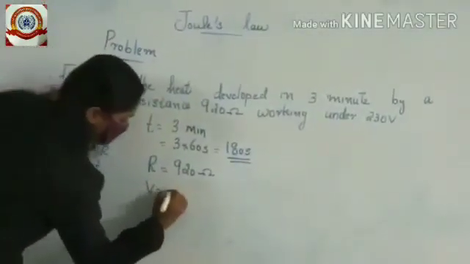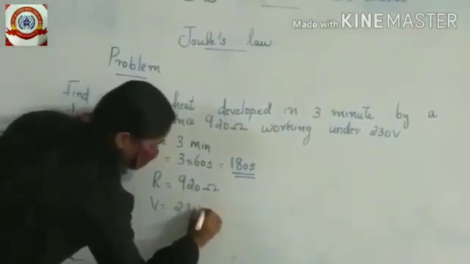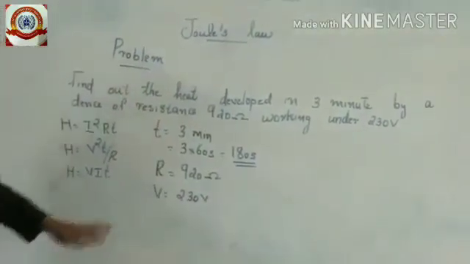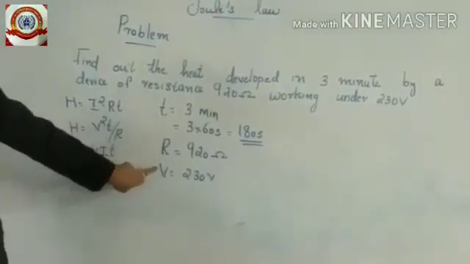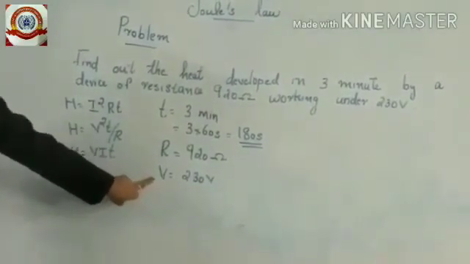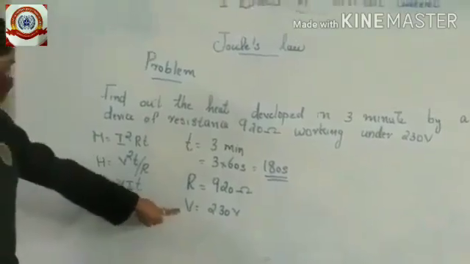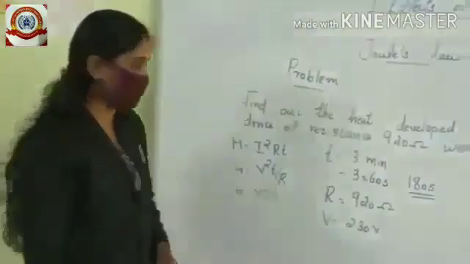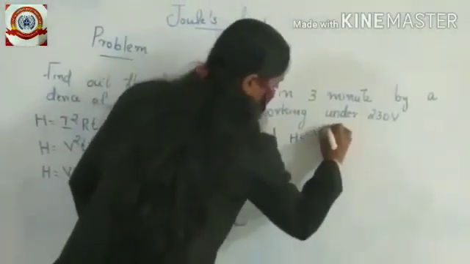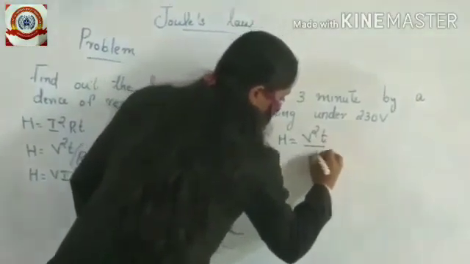V equals 230 volt. So these are the data given in this question. Which is the correct equation we have to apply here? Yes. Which is the equation? H equals V square T by R. Okay. H equals V square T by R.